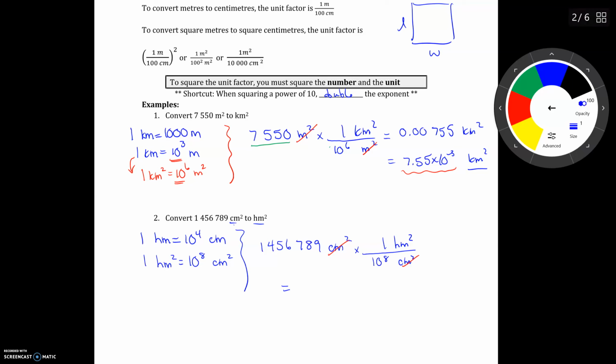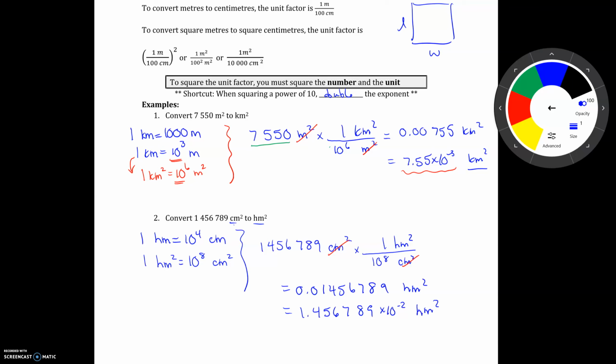And that's also how I set it up so that the units cancel. So when I do that, it comes out to 0.0145678 hectometers squared, or 1.45678 times 10 to the negative 2 hectometers squared.